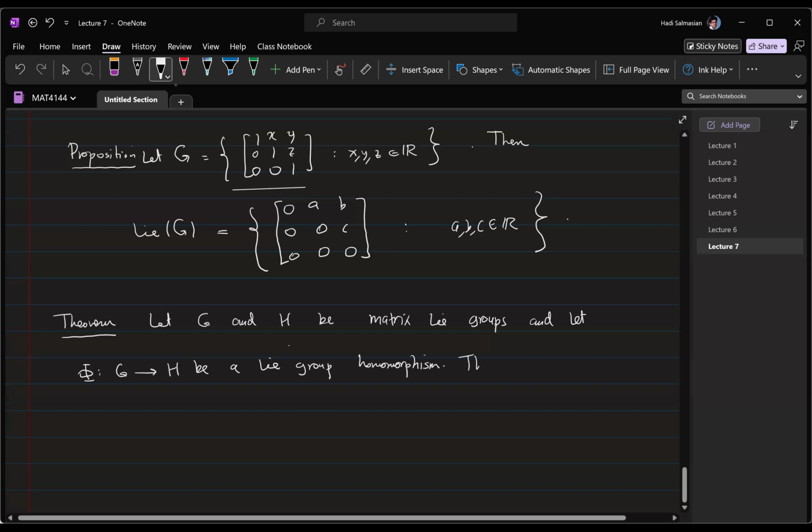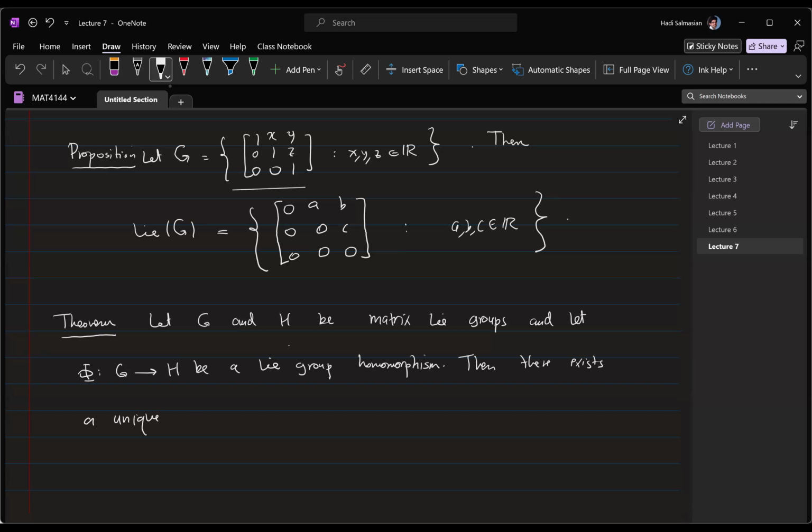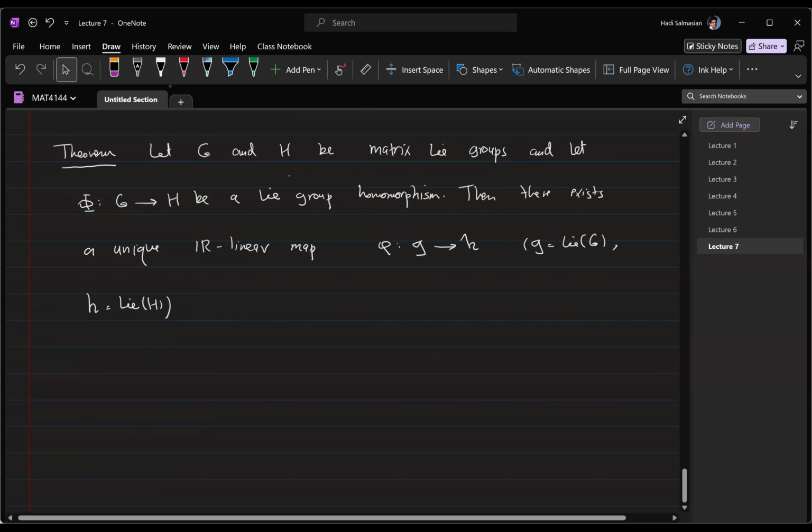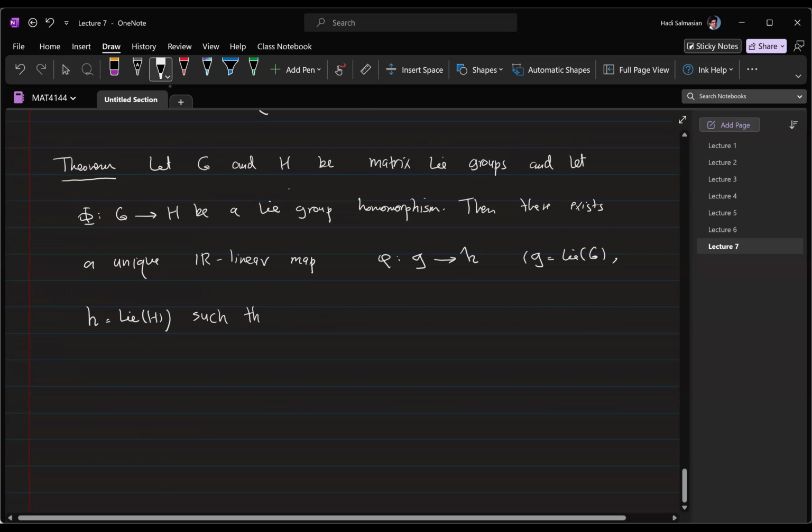Then there exists a unique R-linear map, little phi, going from the Lie algebra of G to the Lie algebra of H. So here little g is the Lie algebra of G, little h is the Lie algebra of H, such that it commutes with the exponentiation, which means that for every x in the Lie algebra of G, e to the x is in G, so I can compute capital phi of this.